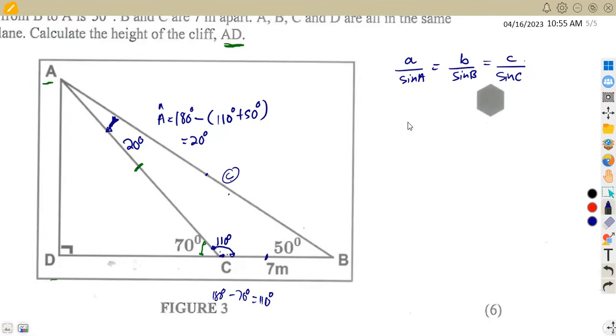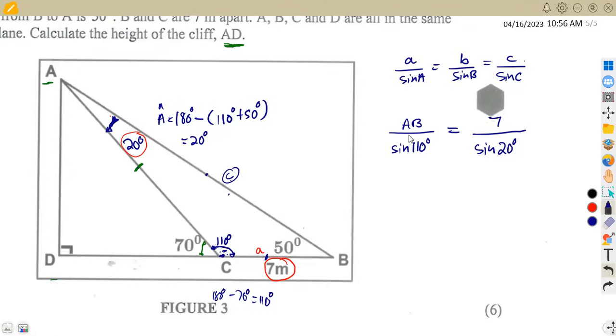So I'm going to write this as AB over sine of C, which is the angle of 110, is equal to, now I have this part that is complete, the 7, which is opposite to 20 degrees. So this is A over sine of A. So that is going to be 7 meters over the sine of A, which is the sine of 20 degrees.